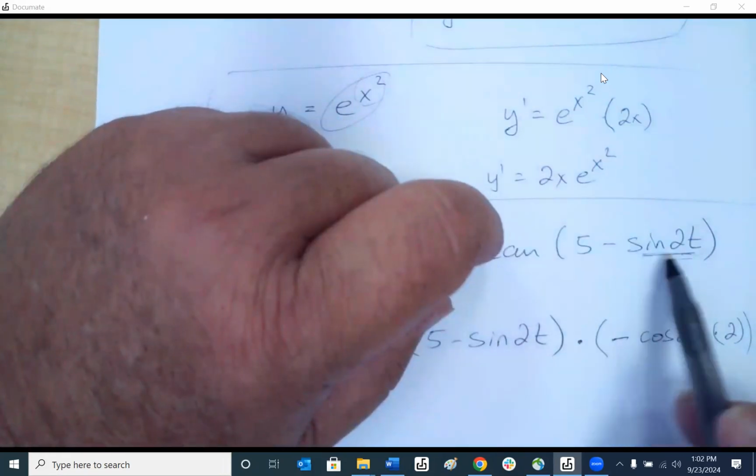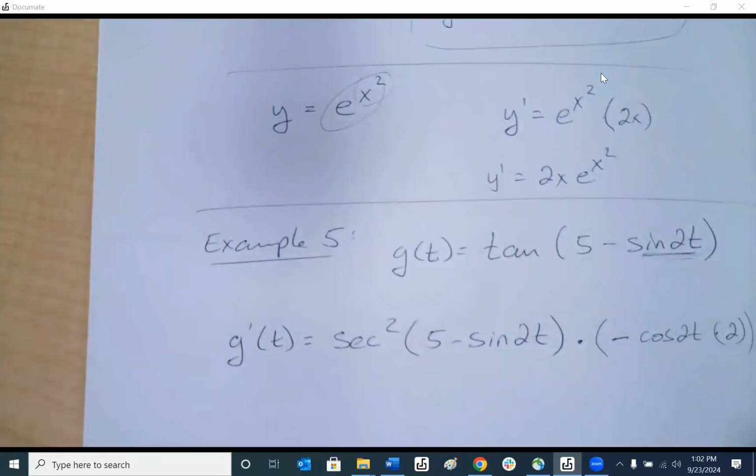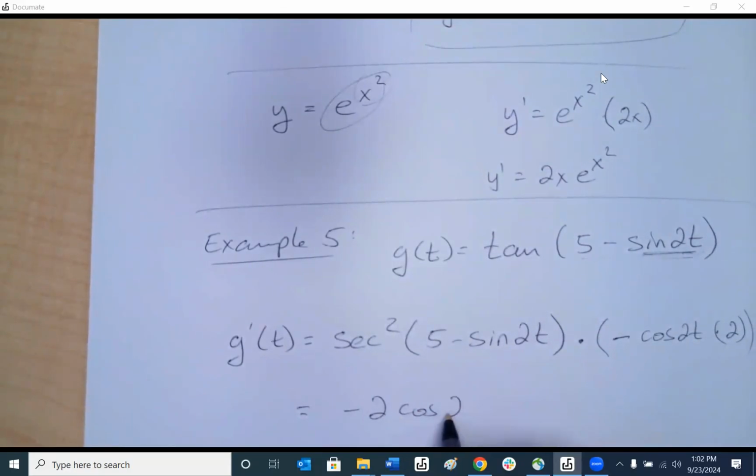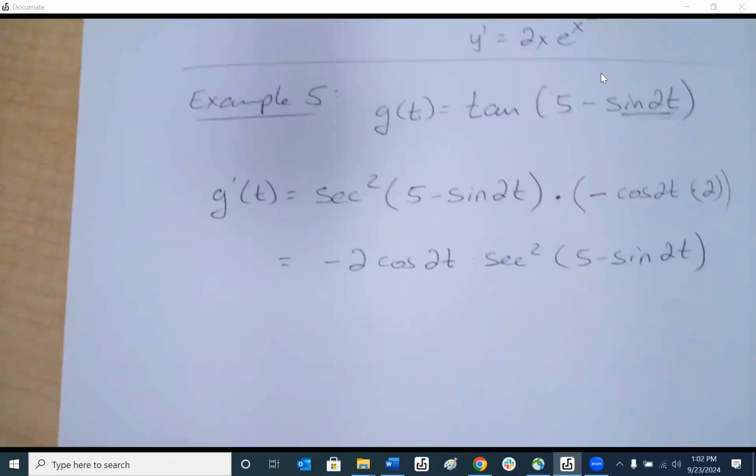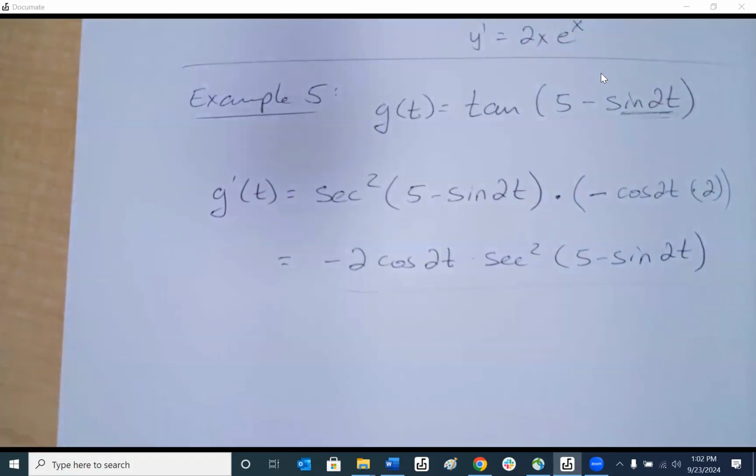It's a minus problem. See, that's what I got in trouble with last time. So it becomes negative 2 cosine 2t times secant squared of 5 minus sine 2t. There's your answer.